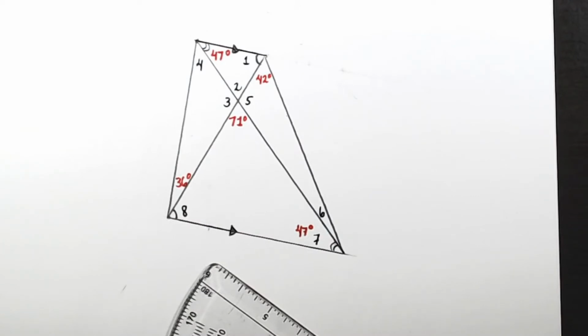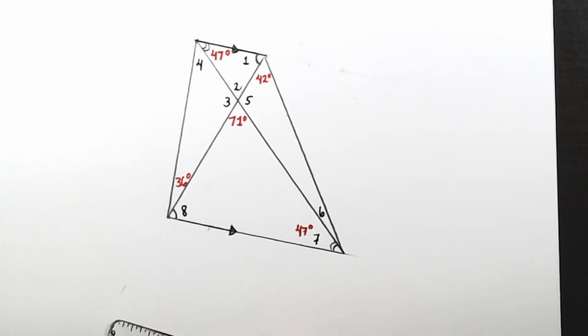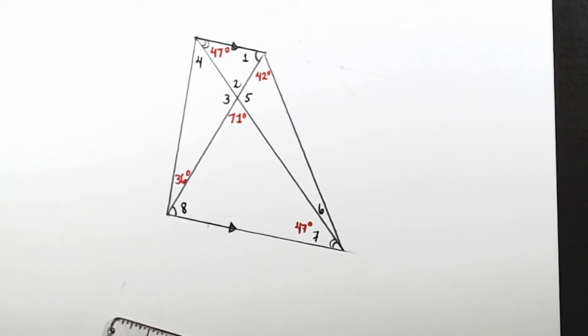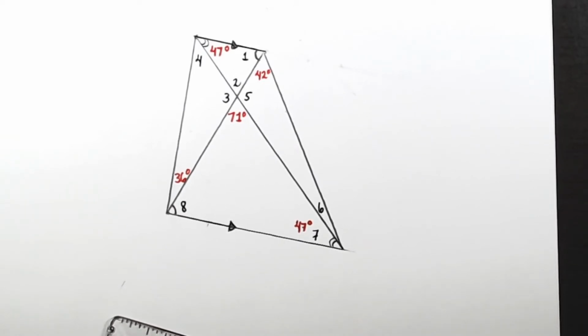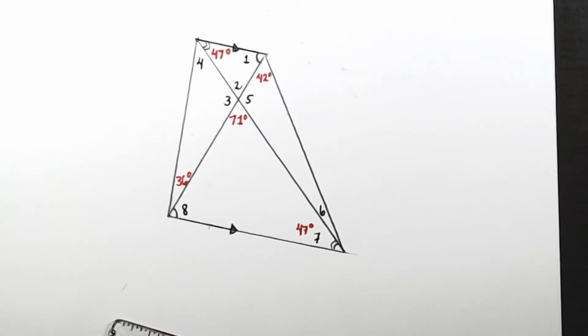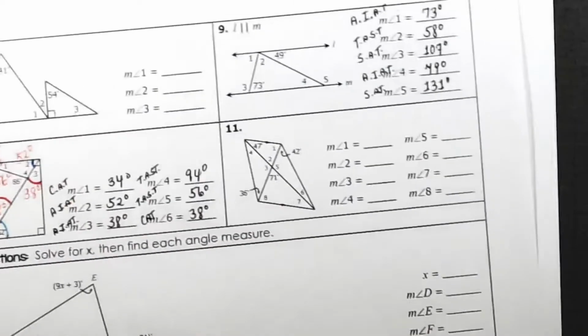Okay, so what else can we determine from this shape? There are no more alternate interior angles, just so you know, but we can label the angle that we found. We found that angle 7 was 47 degrees.